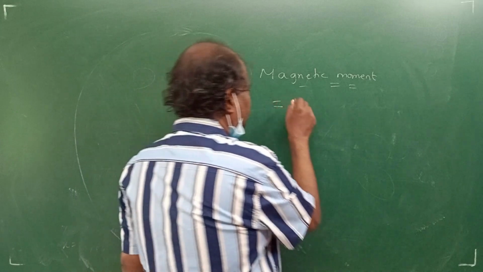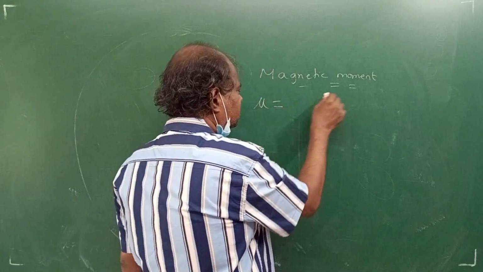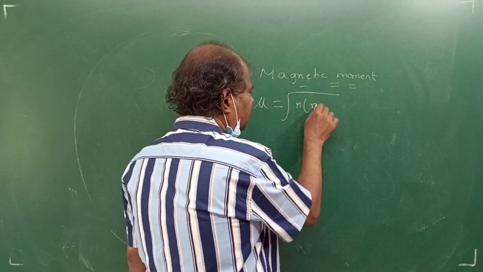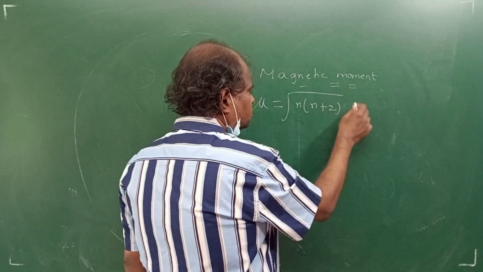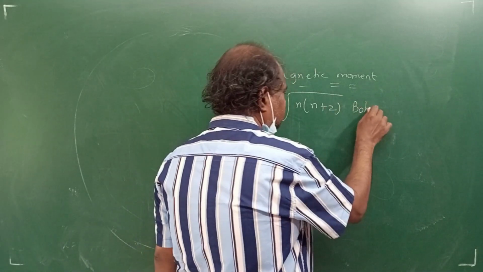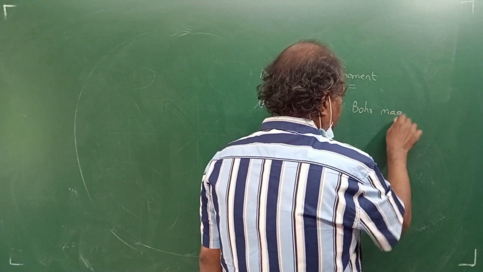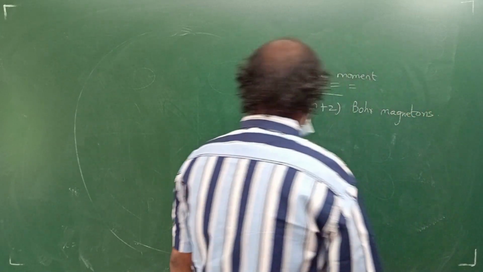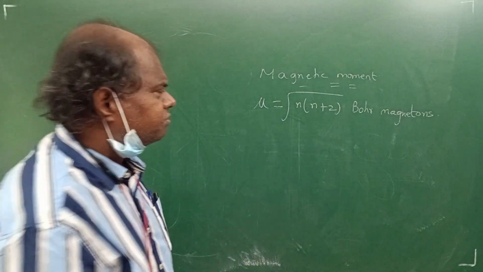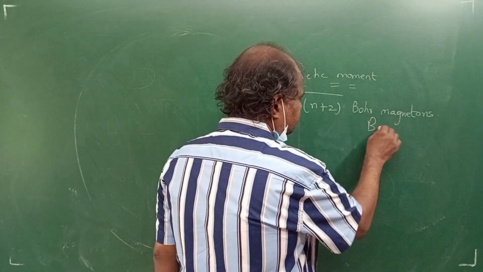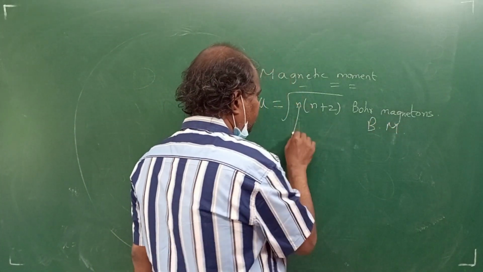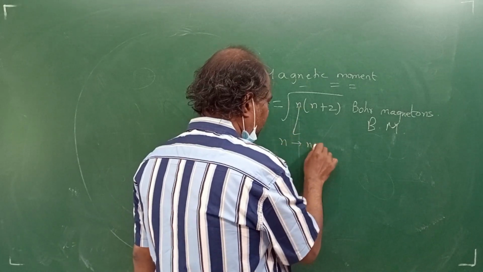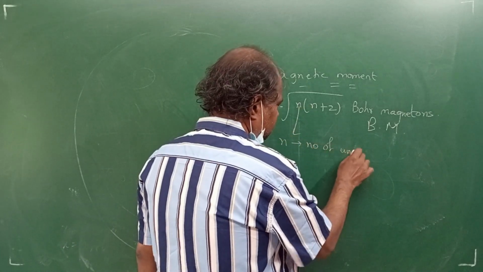There's a formula for this. Magnetic moment, mu is the symbol, equals root of n into n plus 2. The units are Bohr magnetons, also called BM, where n stands for the number of unpaired electrons.